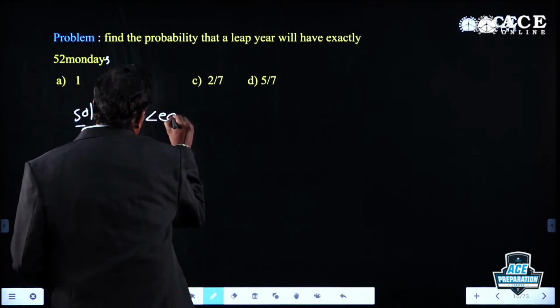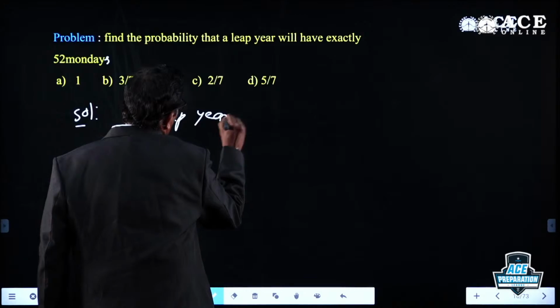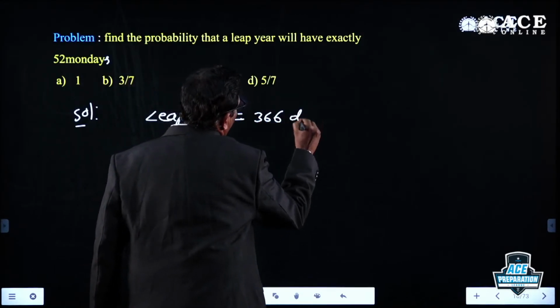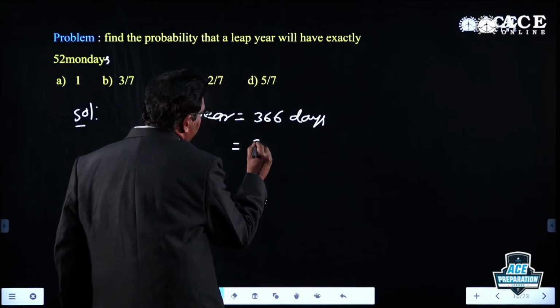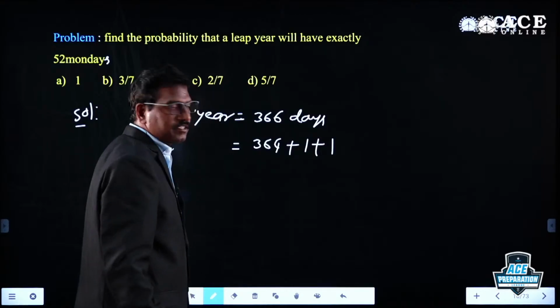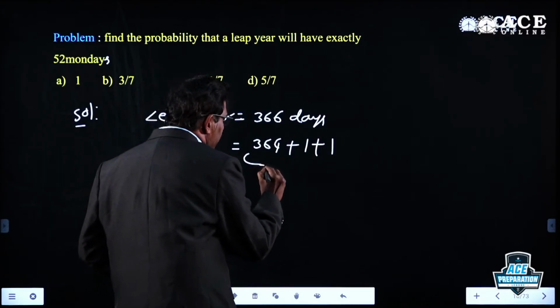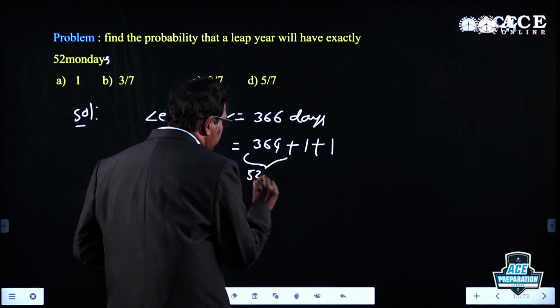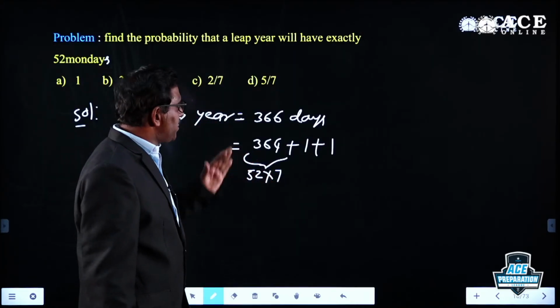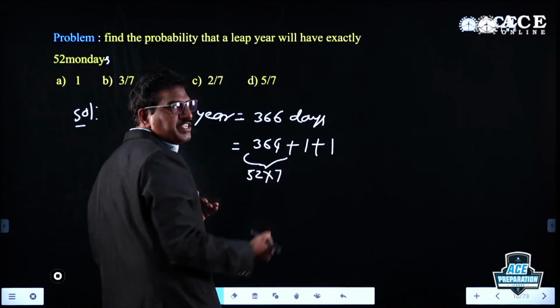A leap year means 366 days. 366 days means 364 plus 1 plus 1. Why am I writing like this? Up to 364 days, 52 weeks are counted: 52 Sundays, 52 Mondays, 52 Wednesdays, like that. So 2 additional days are there.